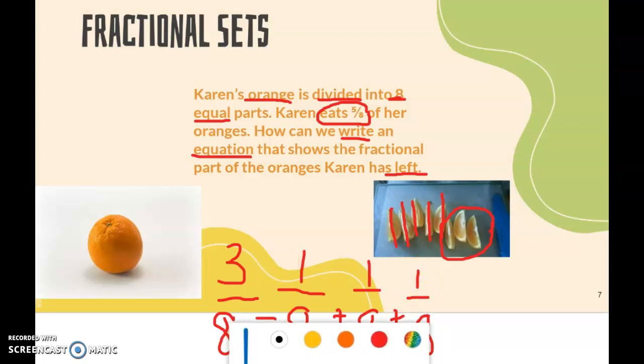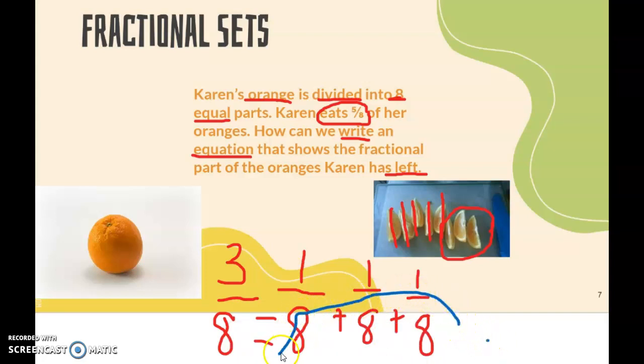Okay, my denominators are like denominators. So that means that I am not going to change the denominator by adding this and getting 24. No, the denominator does not change because the number of parts of my orange didn't change. So therefore, my denominator shouldn't change.